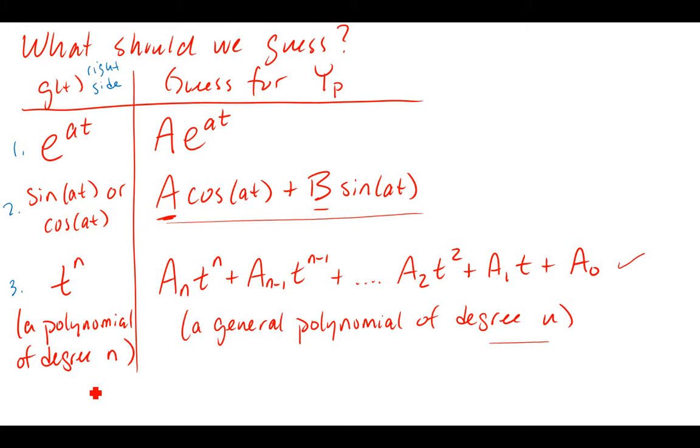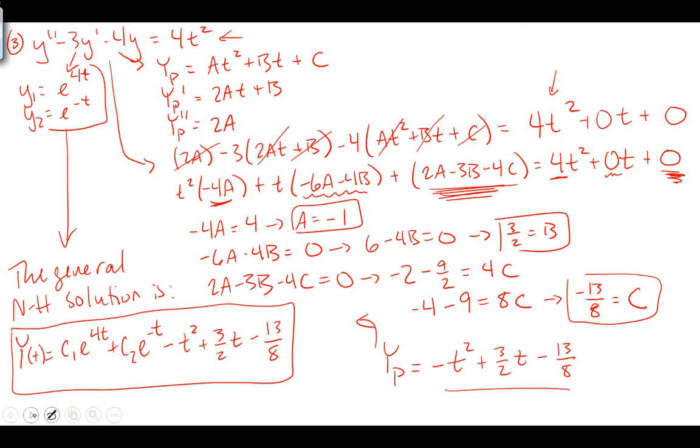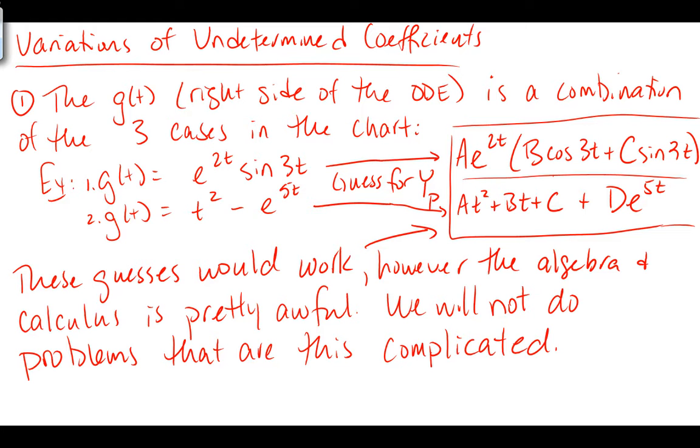But of course it's limited in the sense that this little chart tells us that the right-hand side pretty much has to be one of these three: an exponential, a sine and or cosine, or a polynomial. And while we did some examples of each of those, we might say, well, what else is there?